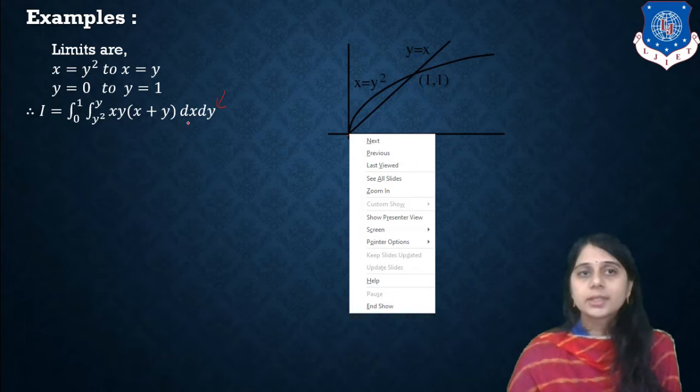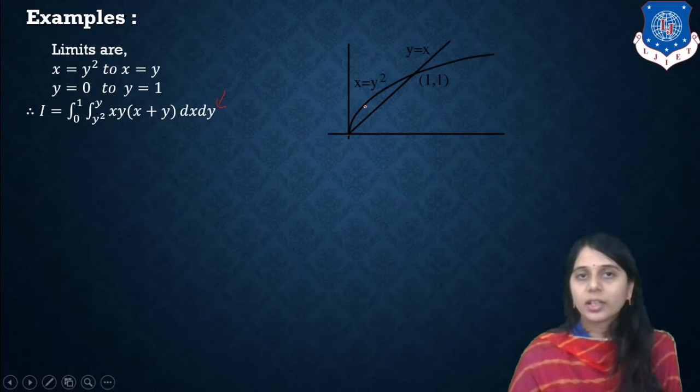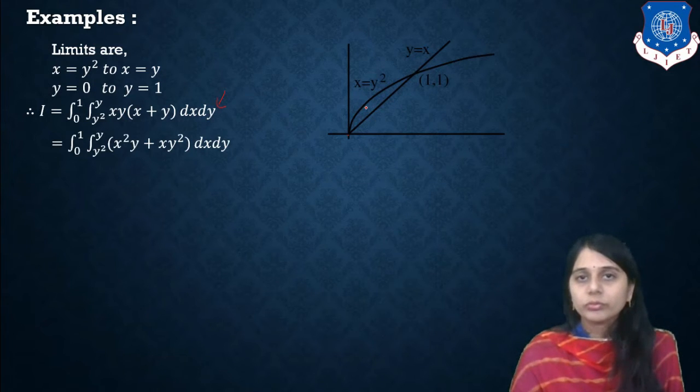And x goes from y square to y. So it is your strip x equal to y square. This is your y square curve and this is your y, and we have fixed the limit of y. It is 0 to 1.